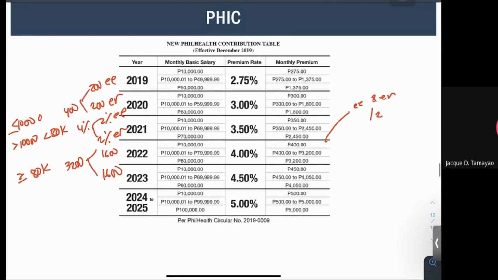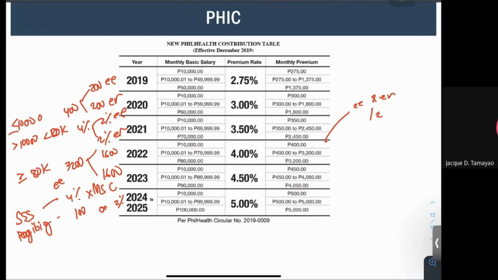So what are our three mandated contributions? SSS, it is 4% for the employee. It is 4% of the monthly salary credit. For Pag-IBIG, it is 100 pesos or 2% if less than 5,000 but greater than 1.5, and then 1% if less than or equal to 1.5.